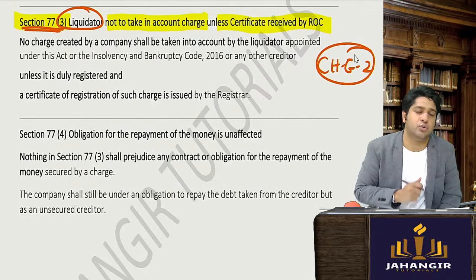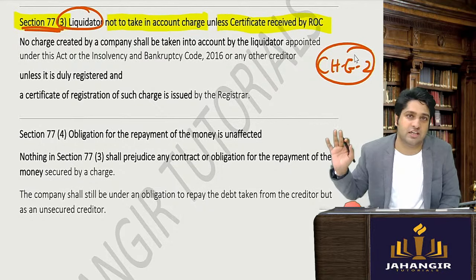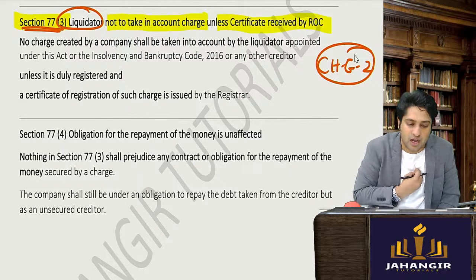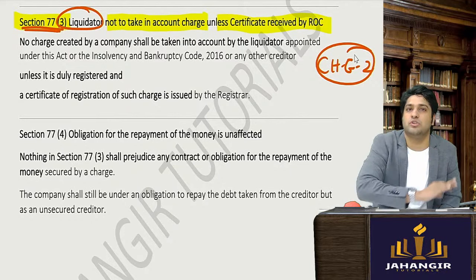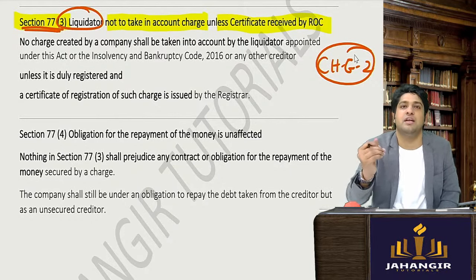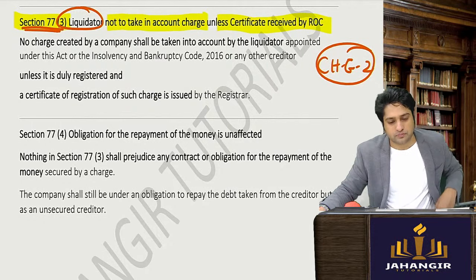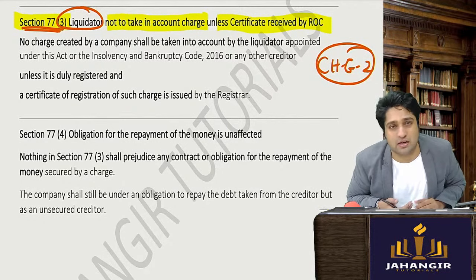Ask him where is CHG 2. If you don't have CHG 2, which means ROC has not given you a certificate, then the liquidator shall not consider you as a secured creditor. I will treat you as unsecured only. Clear? Again, there are many cases which I will come through also.